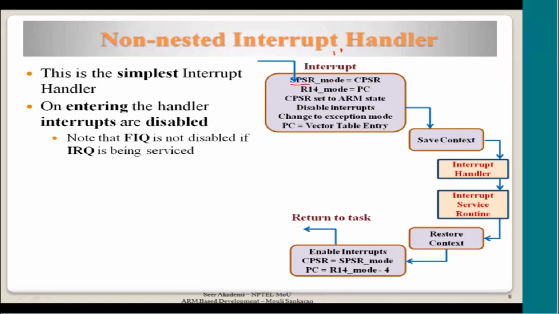So when the interrupt happens, what is the sequence of operations? I have already explained to you. Maybe let me go back. Just to recap, this is the device, and this is ARM. It is executing some instruction.